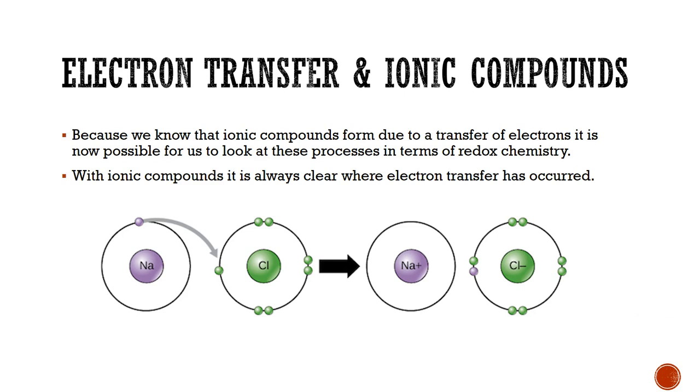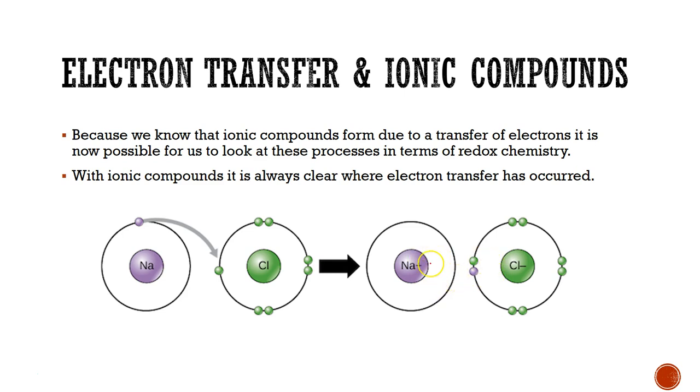Essentially, hopefully what you've realized now is that when we look at electron transfer, this means any time we form an ionic compound. We talked about ionic bonding early on in our studies, and we mentioned that ionic bonds form any time there is a transfer of electrons from a neutral metal to a non-metal, forming a cation and an anion. So in this case with sodium chloride, when sodium donates its electron to chlorine to form chloride, we end up with Na+Cl-.